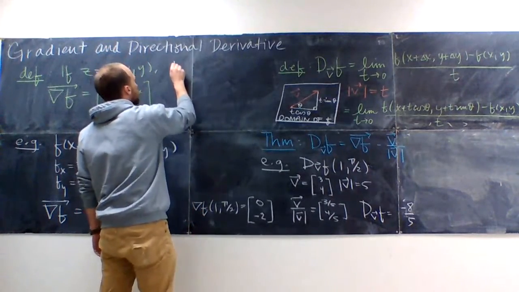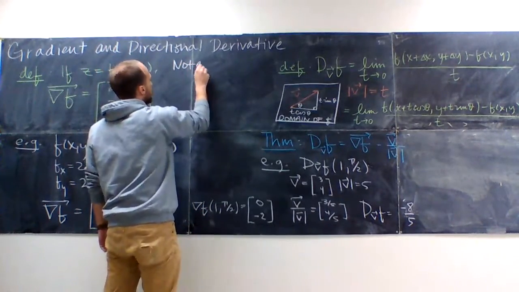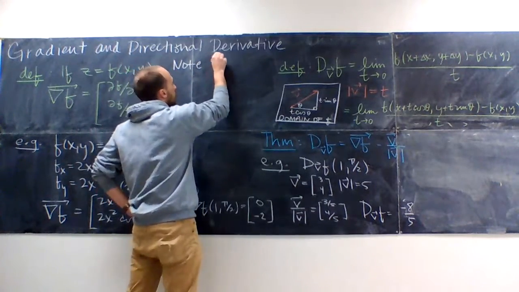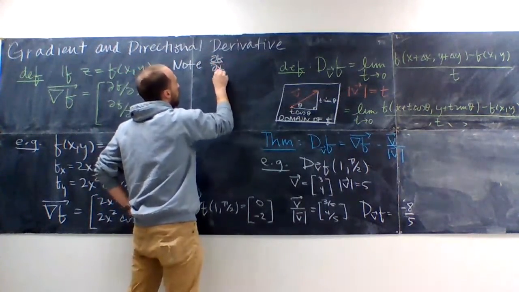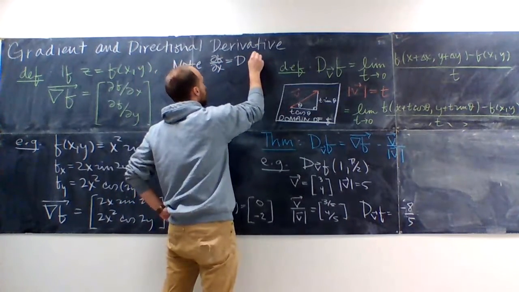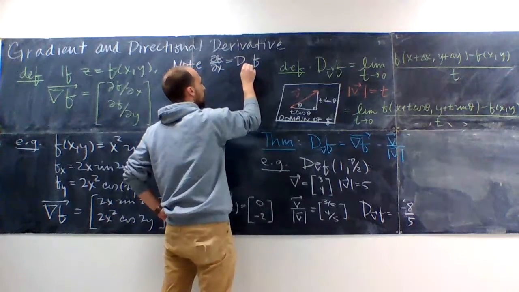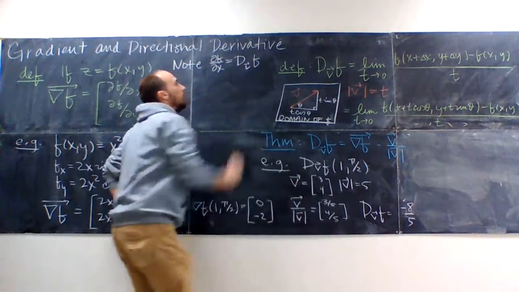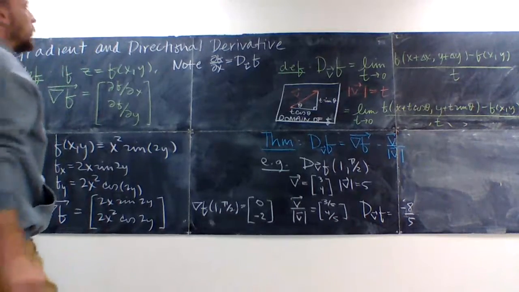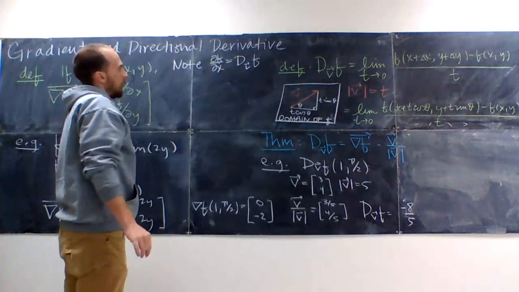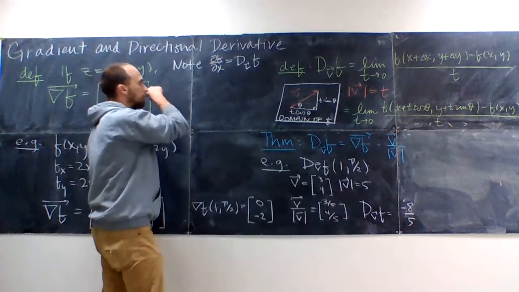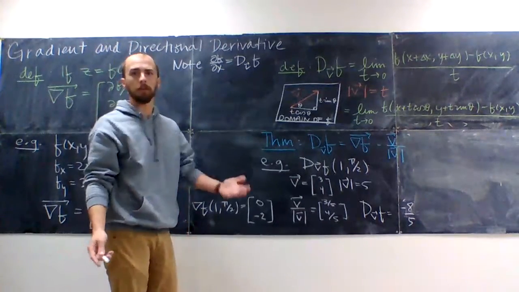So note that df dx is the same as the directional derivative of a function in the direction of i, like i, j, k, 1, 0, 0, or 1, 0, whatever. And I can show you that because the unit vector in the direction of x is i.